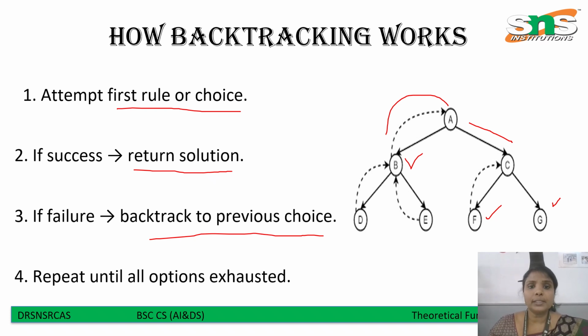In simple terms, backtracking is like trying every possible route in a maze. If one path is blocked, you go back and try another until you find the correct way out. It ensures that no possible solution is missed.